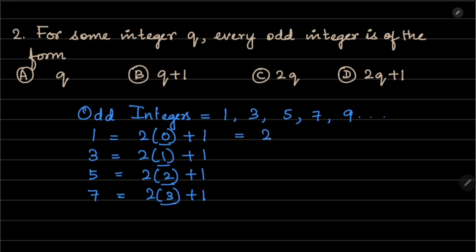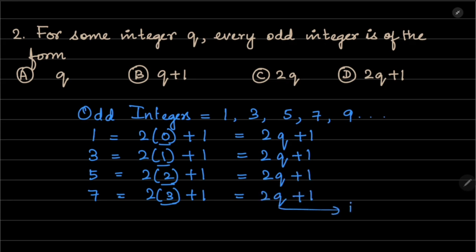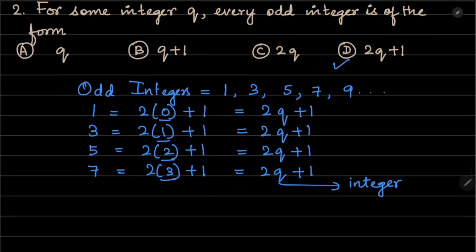So I can replace 0, 1, 2, 3 with the integer q, so 2q plus 1. All of these odd integers are of the form 2q plus 1 where q is an integer. So the correct answer is 2q plus 1.